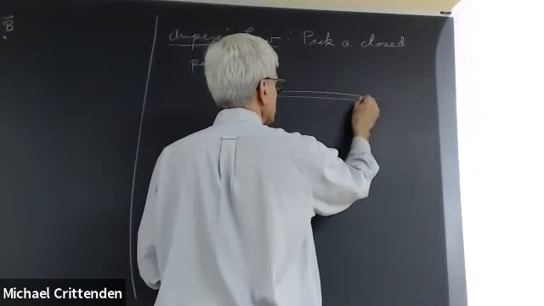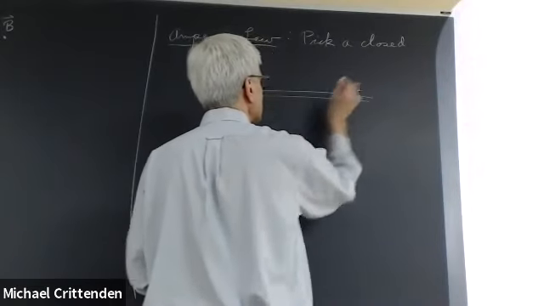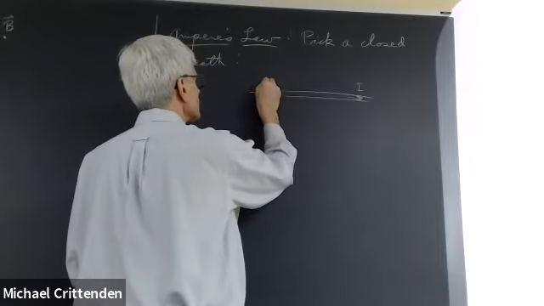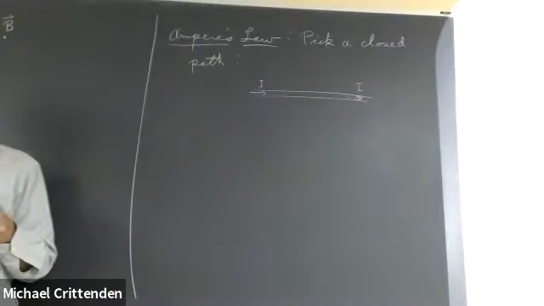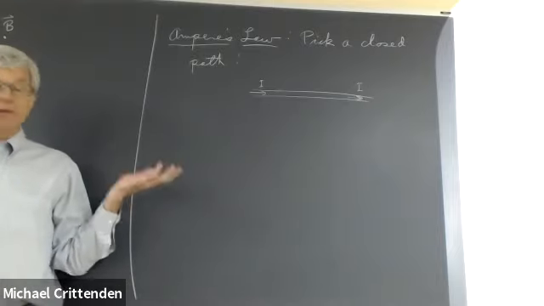If, just as an example, you're talking about the field around a straight wire, there's the wire carrying the current I. And in principle, it could be any path.